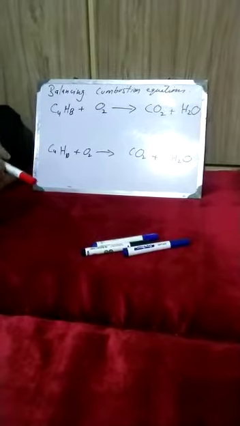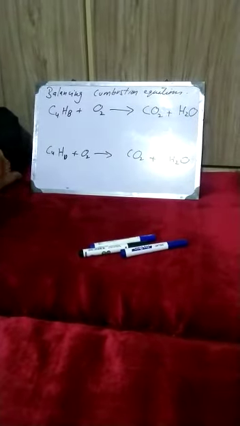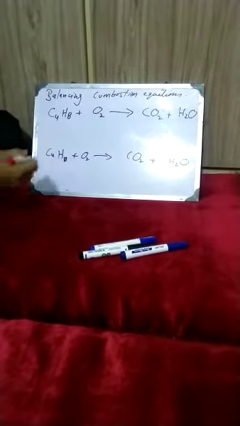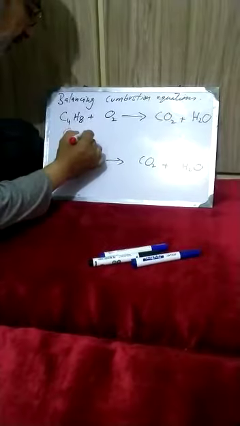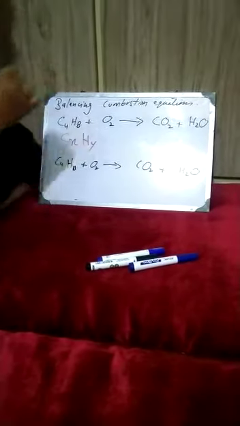How to balance this? There is a general formula for this equation. Suppose there are x number of carbon and y number of hydrogen.